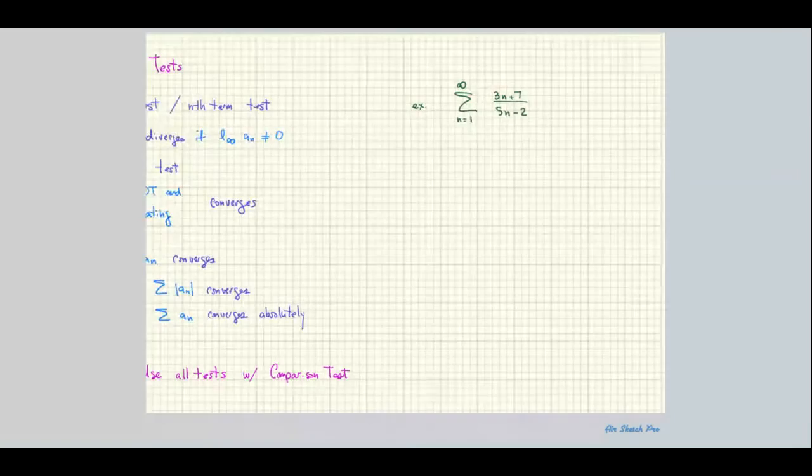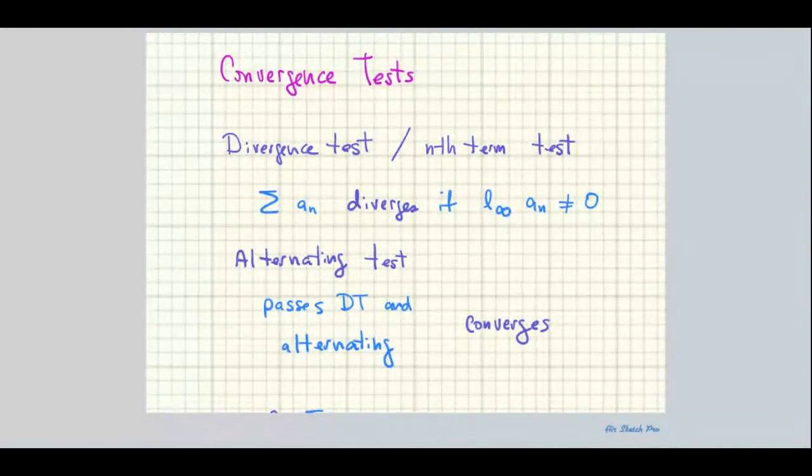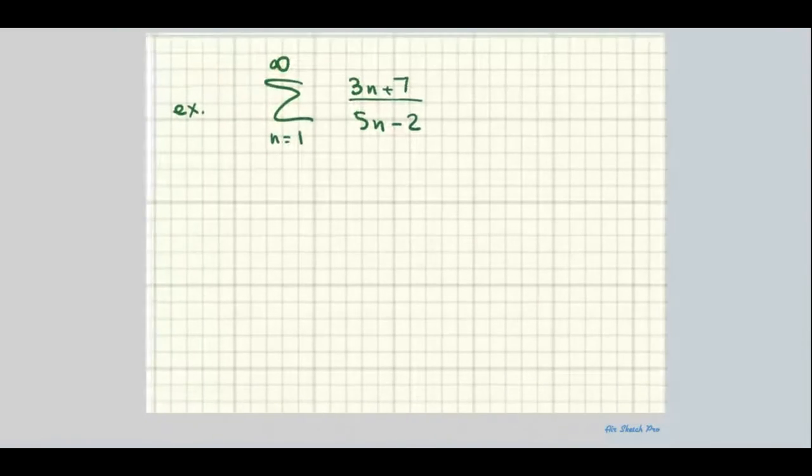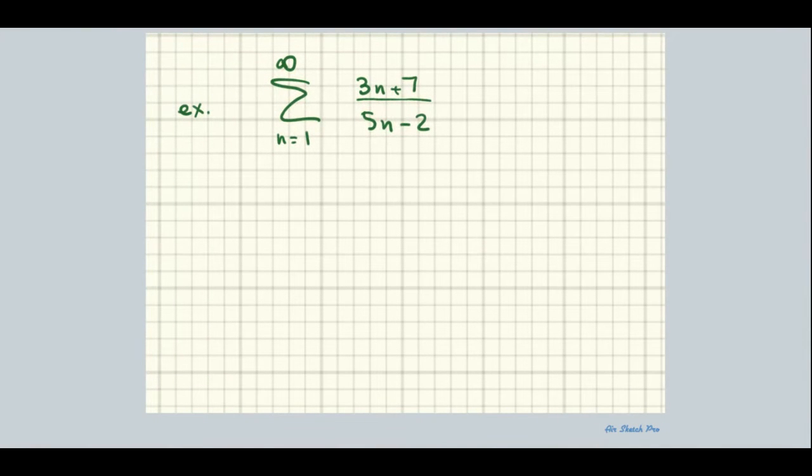Let me unzoom a little bit. What's the first test we always use? If it goes to 0, that's right. That's called the Nth Term Test. It's also known as the Divergence Test. I like to think of it as the Nth Term Test because that tells me what I'm looking for.